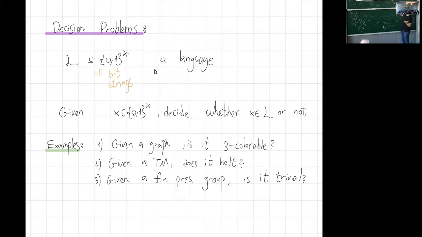Similar thing you can do, you can just take a Python program, translate it using ASCII to a bit string, and then you can ask, okay, is this bit string encoding a Python program that halts when I run it? It's another kind of question I can ask. And a third kind of question, which is more for the group theorists: if I have a finitely presented group, is it trivial? What does it mean? I wrote you the generators of the group.